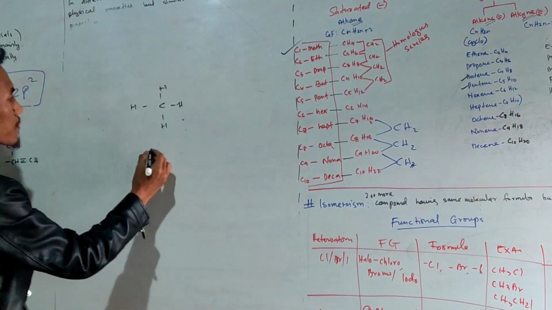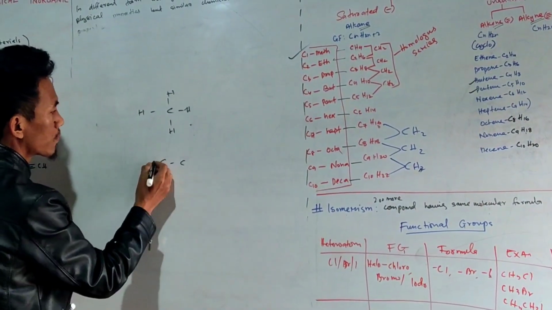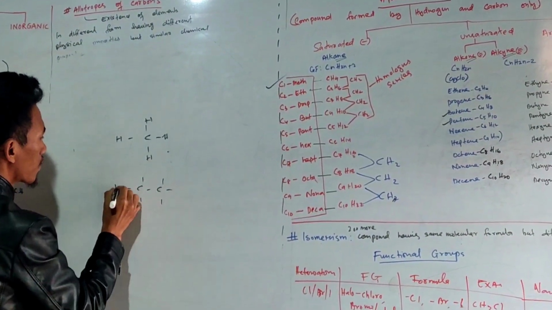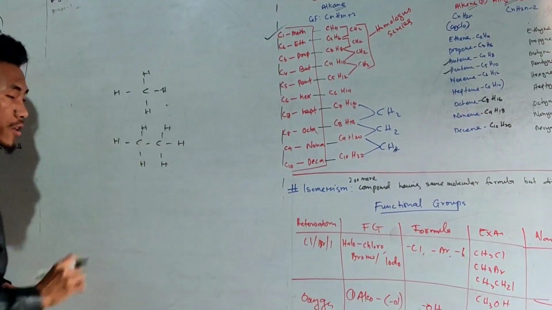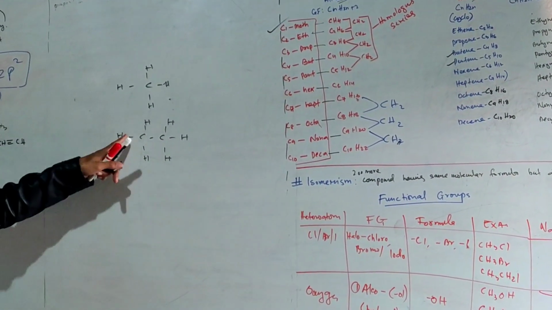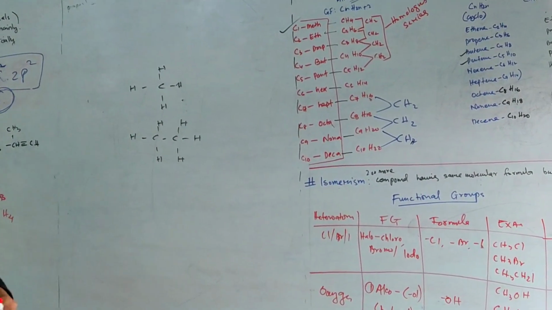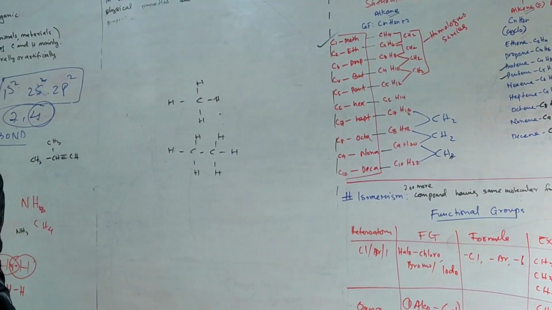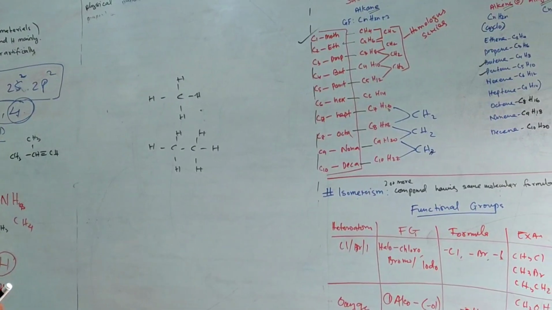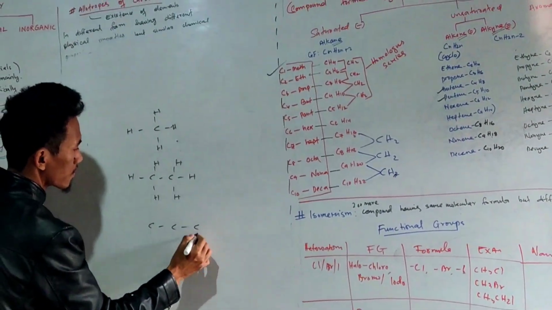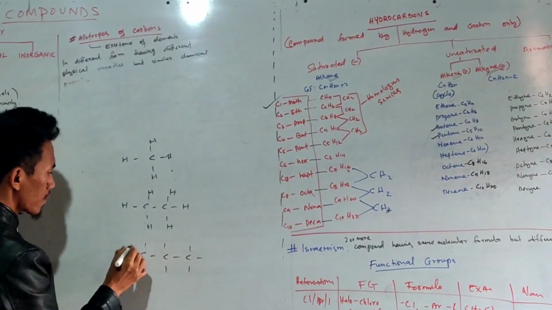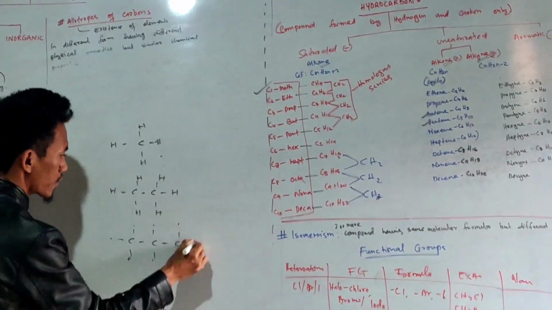How about the second one, C2H6? This represents a single bond. ANE represents a single bond. What about C3? 1, 2, 3, 4, 5, 6, 7, 8 hydrogens.